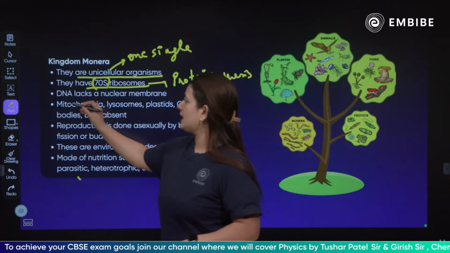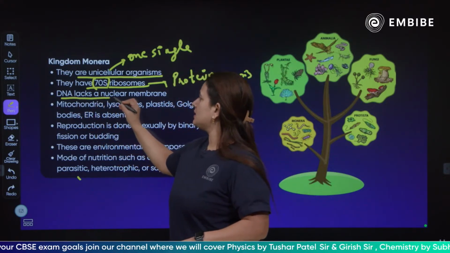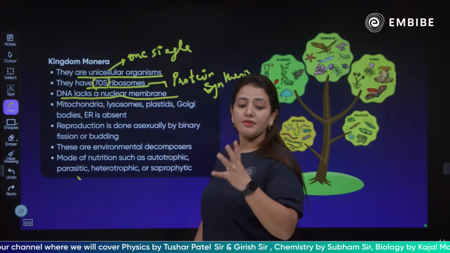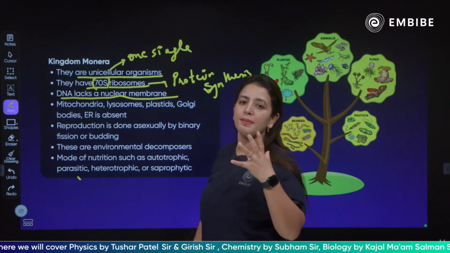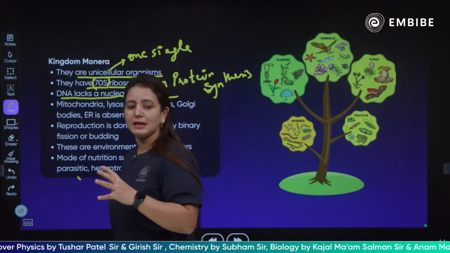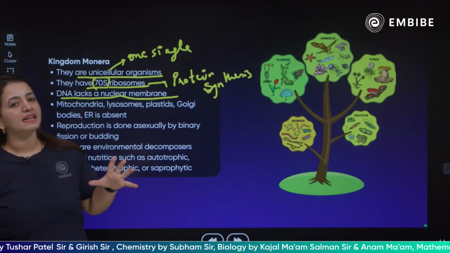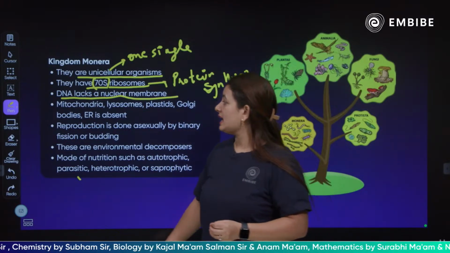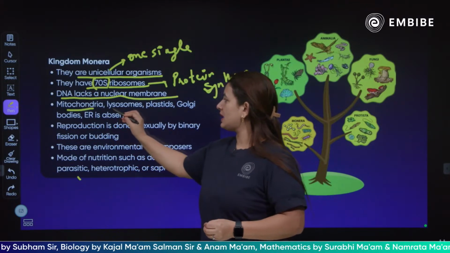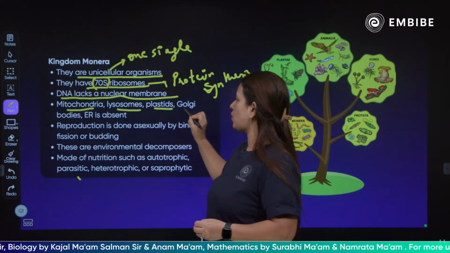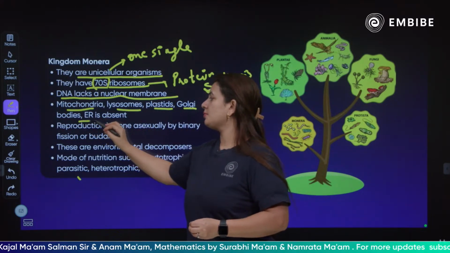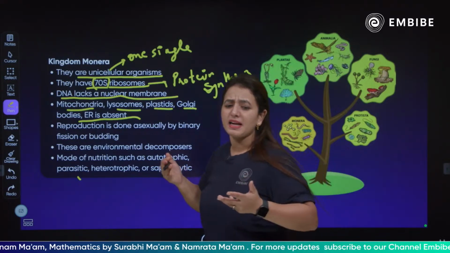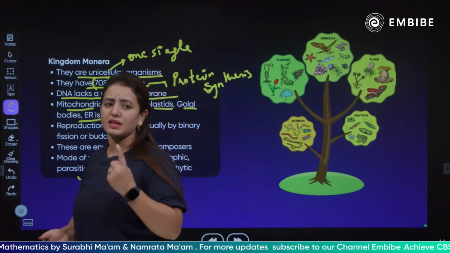The DNA present inside, or the nucleus having the DNA, does not have a membranous structure covering it. It means the nucleus is completely lacking the nuclear membrane. Next, the mitochondria, the lysosomes, the plastids, the Golgi apparatus, the endoplasmic reticulum are completely absent. How can you expect such organelles in one cell?